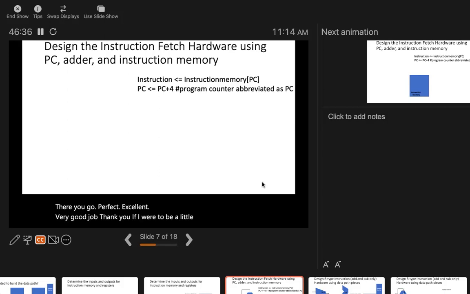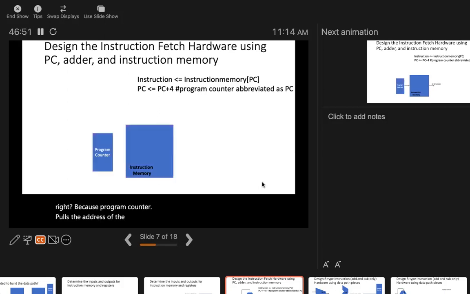All right. Well, I have slides for this for you. Let me show you the slides and I will eventually upload them on Canvas, so you will have everything. All right, so this is what is going to happen. You have the instruction memory, you have the program counter.